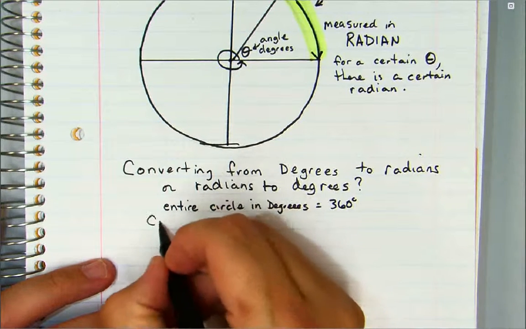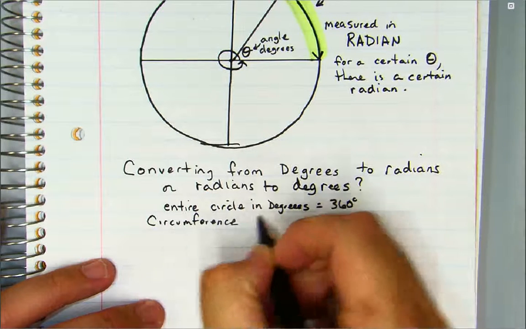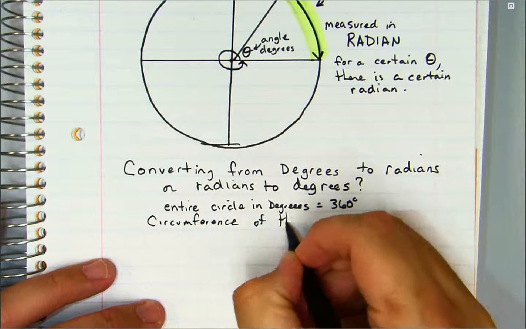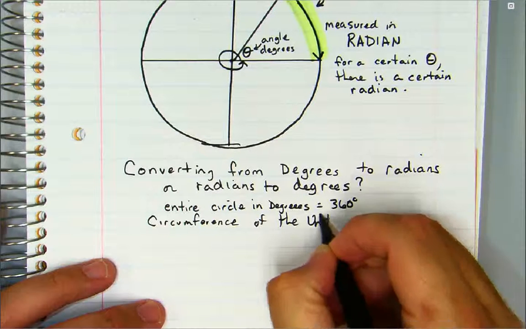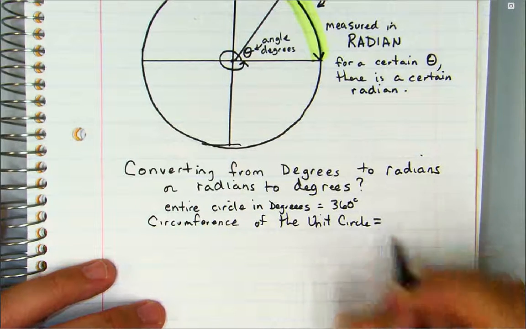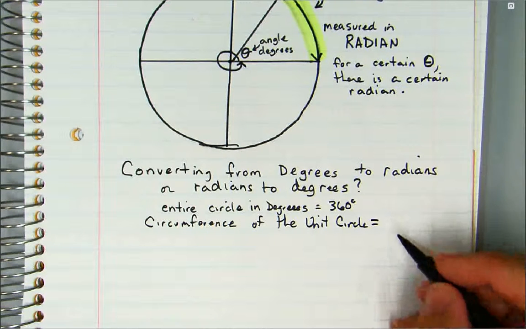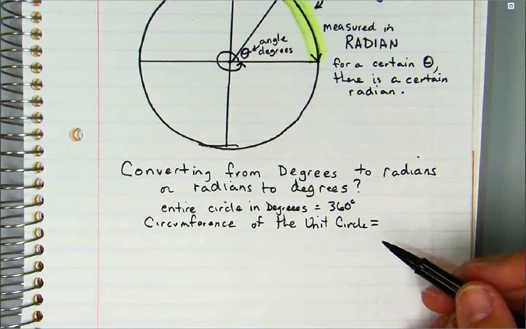What's the circumference of the unit circle? Because we really care about the unit circle. Well, what's the formula for circumference? 2 pi r.